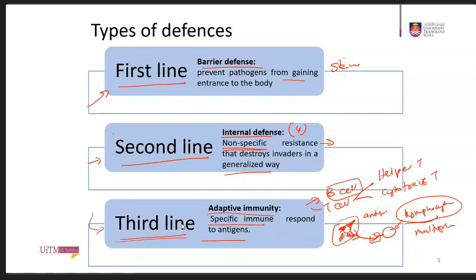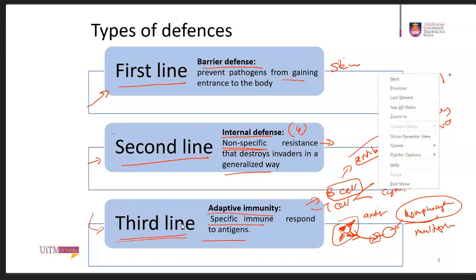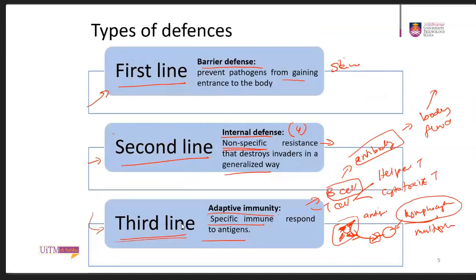The B cell, once it is activated, has the function of producing antibody. So this antibody will circulate in your body fluid. The body fluid consists of what? The antibody can be found obviously in your blood, in the lymph, and also in the interstitial fluid.